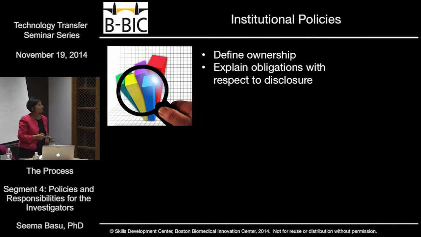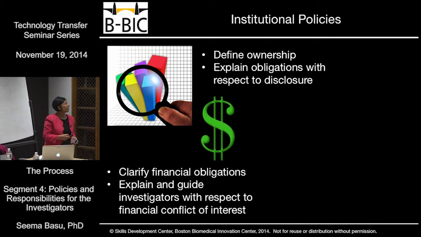So institution policies that you should be aware of for your own institution. One is the IP policy. It defines ownership. It defines the obligations, your obligations as an investigator to report inventions, etc. It also clarifies financial obligations, to the question asked earlier: what would happen to the license income that comes back?